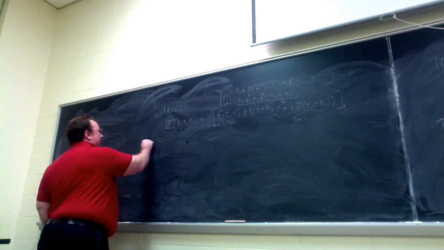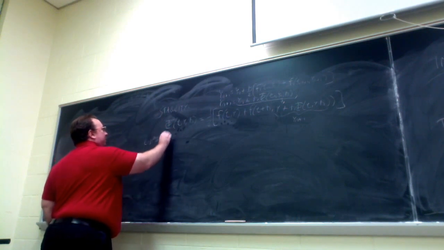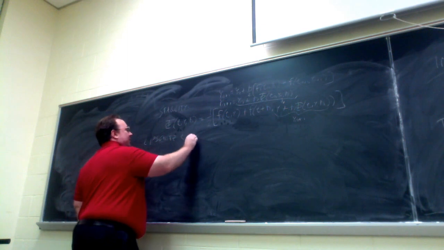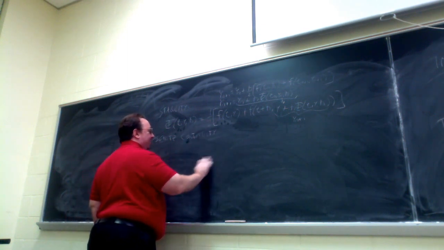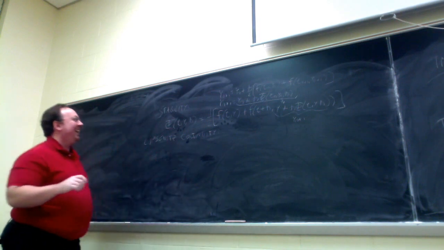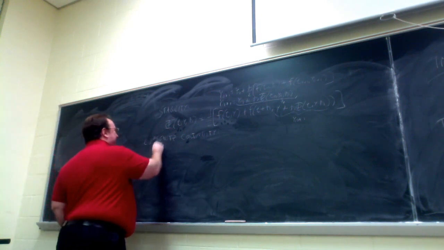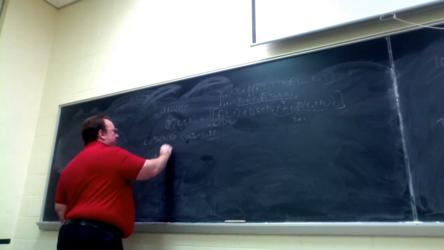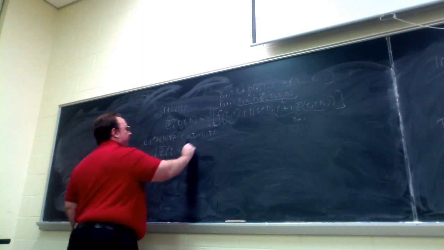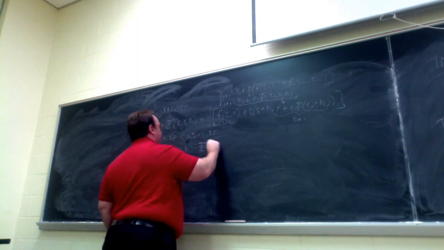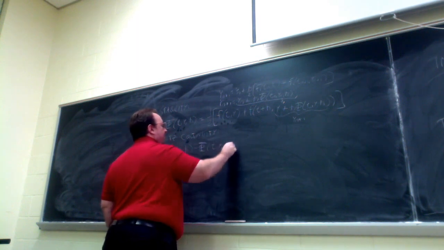So, to show Lipschitz continuity, I need to change the y variable. So I have phi(t, y2, h) minus phi(t, y1, h).